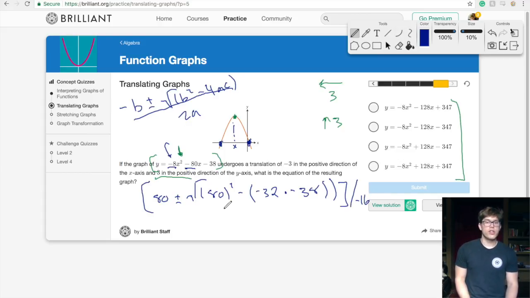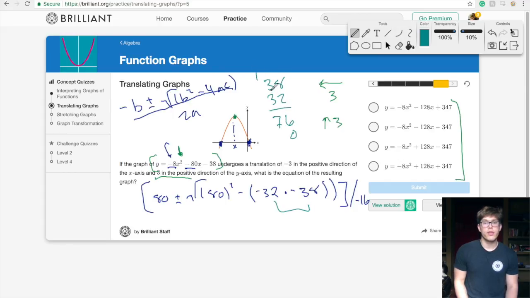All right, so let's simplify this radical. What do we have here? We have 80 squared minus negative 32 times negative 38. So both of these terms are negative, so the resulting multiplication is going to be a positive value. So let's multiply 38 and 32. So 38 times 32. 2 times 8 is 16, put a 6, carry your 1. 2 times 3 is 6, plus 1 is 7.